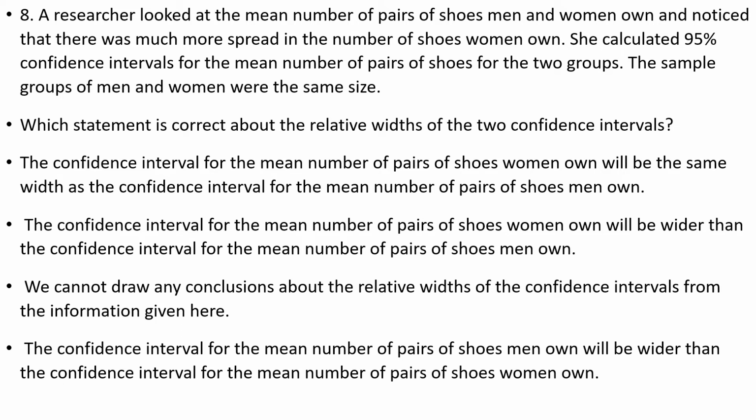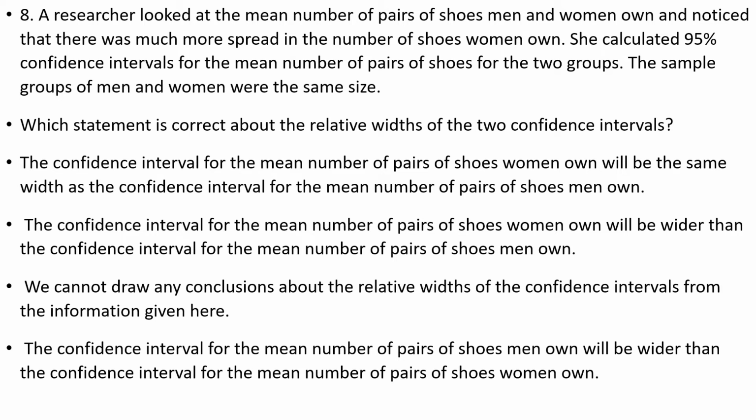The confidence interval for the mean number of pairs of shoes women own will be the same width as the confidence interval for the mean number of shoes men own. Number 2, the confidence interval for the mean number of pairs of shoes women own will be wider than the confidence interval for the mean number of pairs of shoes men own.